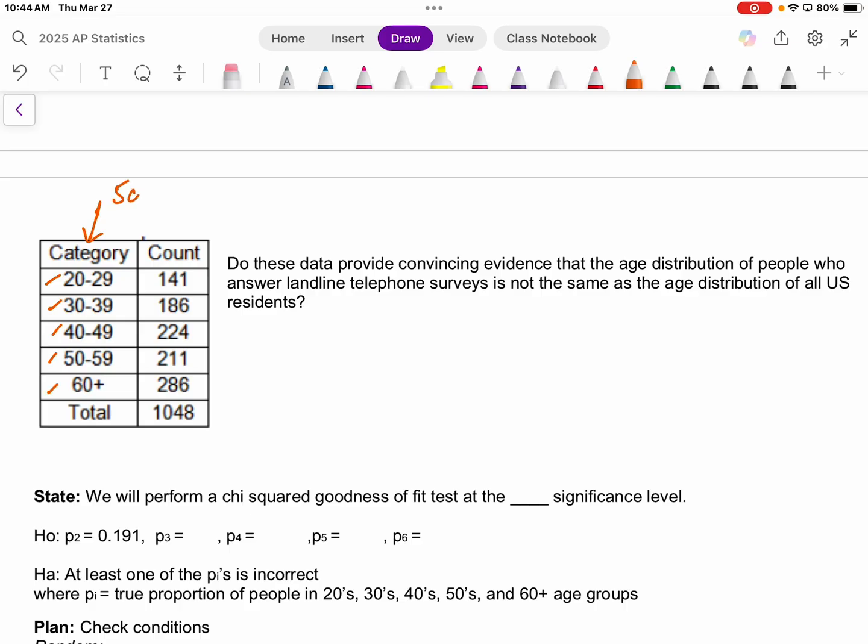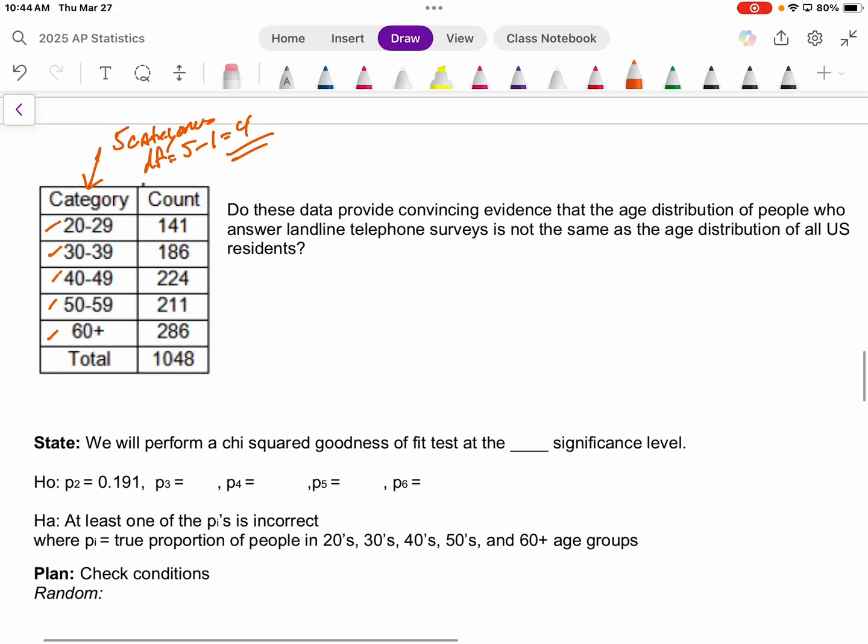There are 5 categories here. So our degrees of freedom is going to be 5 minus 1, which is 4. So when we need that, we have it already done for us.